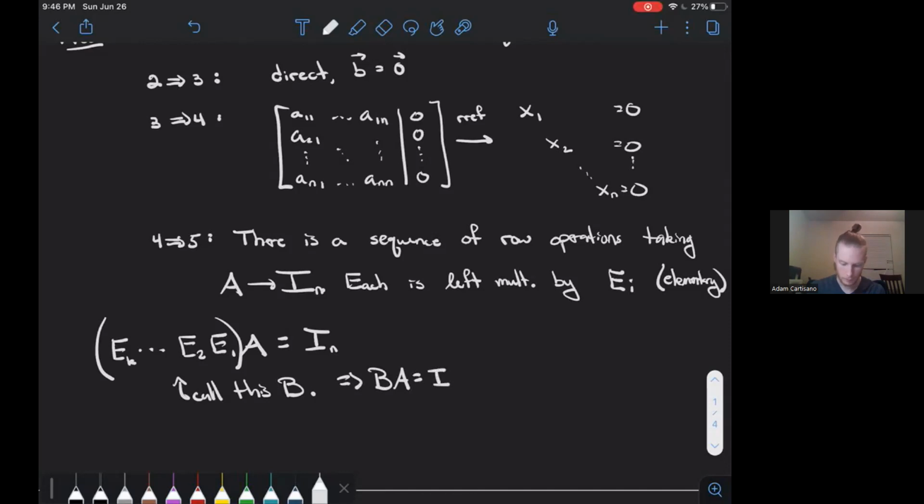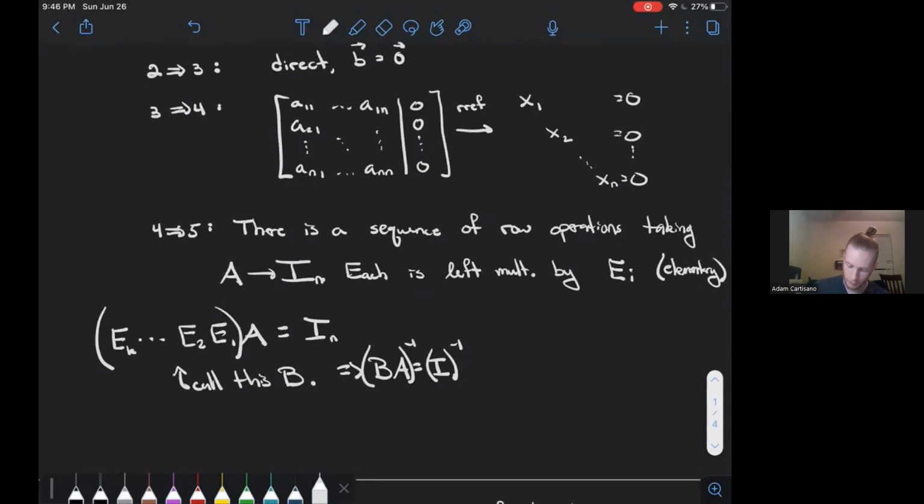But then what we ask is just invert both sides of this equation. The inverse of the identity is the identity. You can check that just from the definition.